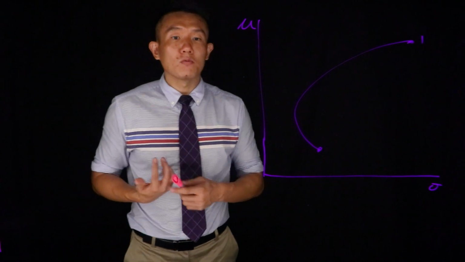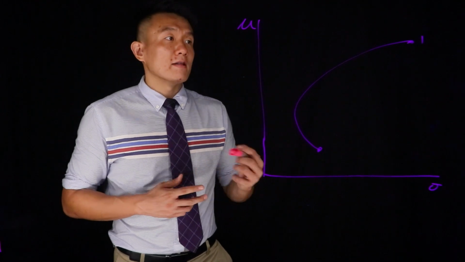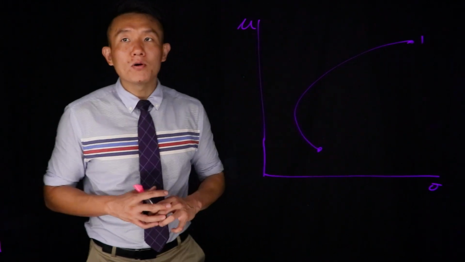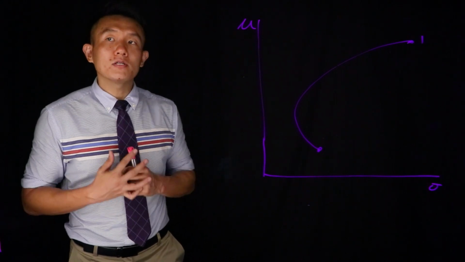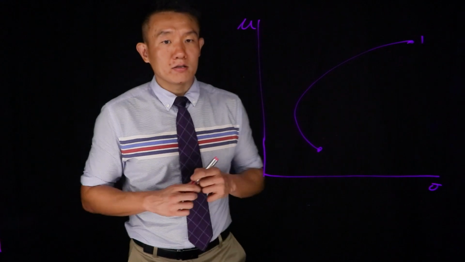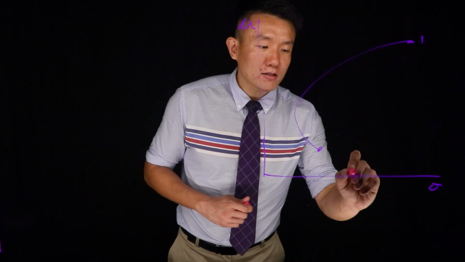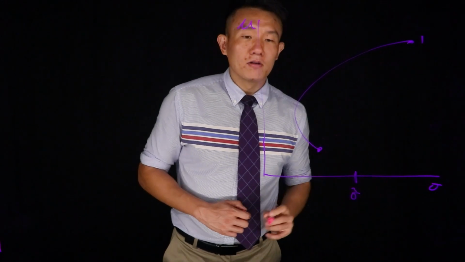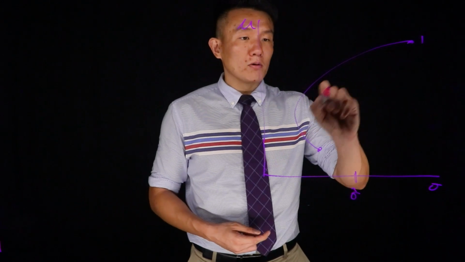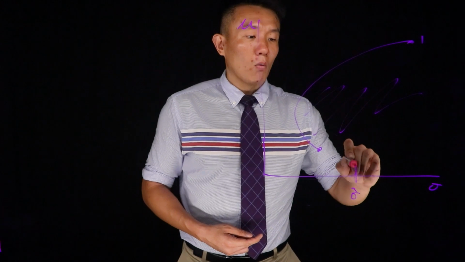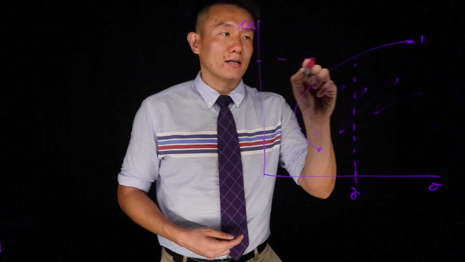So I'm going to define what's called the efficient frontier. The efficient frontier is going to be the outer envelope of all of the portfolios I can choose, and I'm going to define the condition as saying, okay, I'm going to fix some level of risk that I'm willing to accept. And I'm going to say, of all the portfolios that I can choose, what's the highest return that I can get?